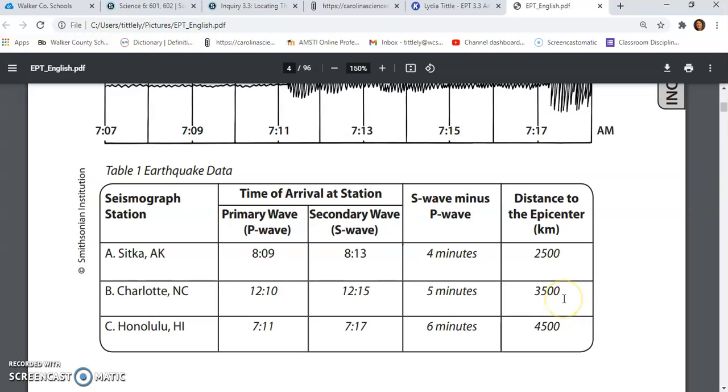And then the one that is from Charlotte, North Carolina, the distance from the epicenter is about 3,500 kilometers. And then Honolulu, Hawaii is 4,500 kilometers. And so we got that by interpreting our graph in the book.